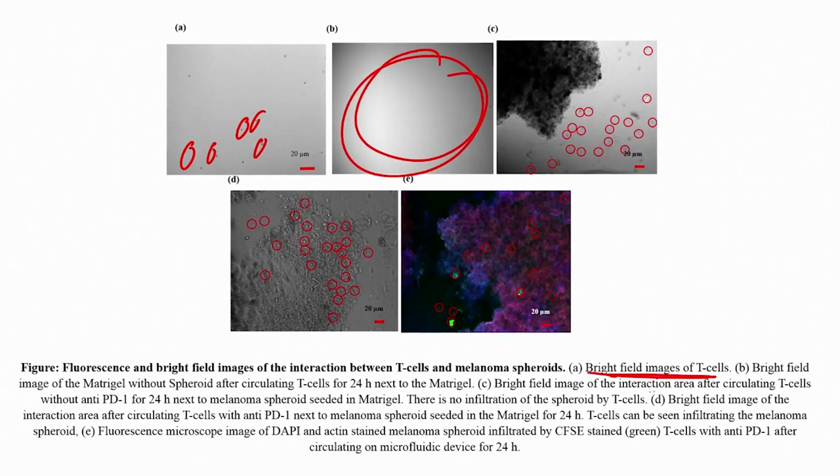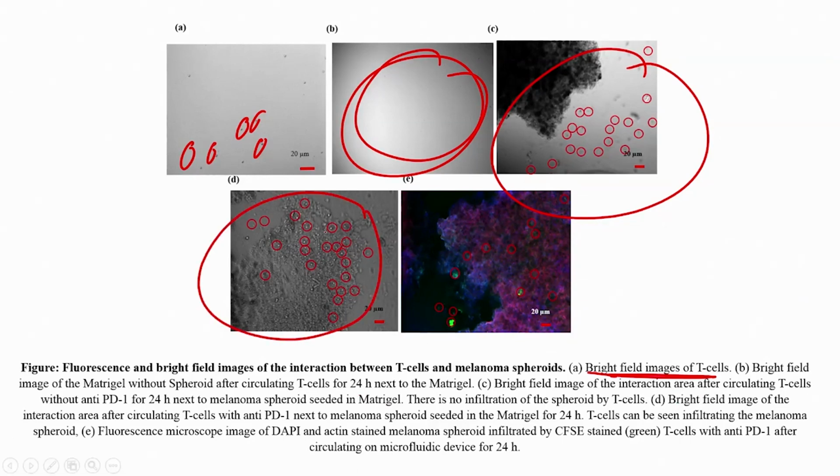C shows the bright field image of the interaction area here after circulating T cells. D shows the bright field image of the interaction after circulating T cells with anti-PD1 next to melanoma. So, what we see is that the T cells enter the melanoma if you use anti-PD1, right.